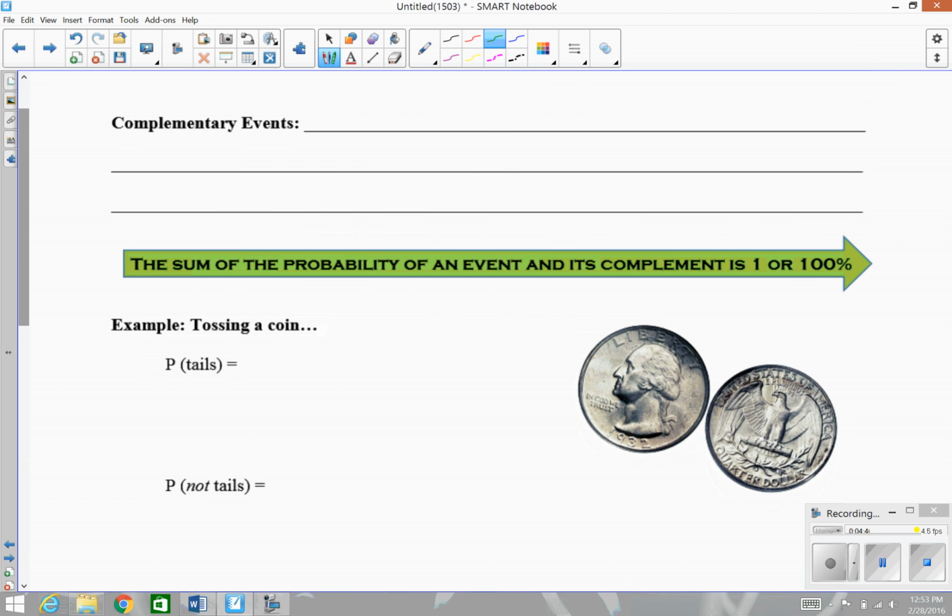The next part of this lesson is about complementary events.